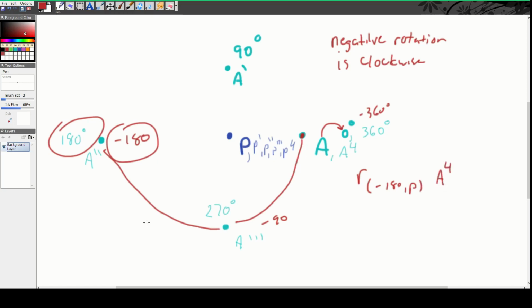That's what I've done in red. Now, you'll see A double prime was at 180 degrees positive, whereas A to the fifth, right, because that's what this would ultimately be, will now be in the exact same point.